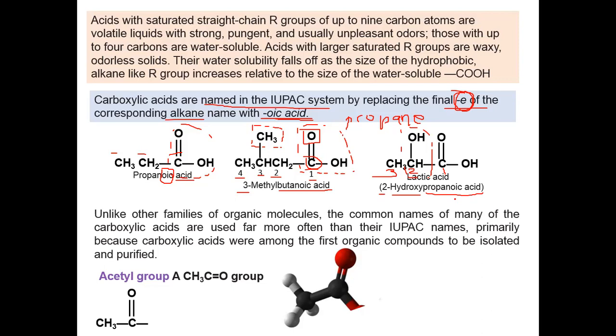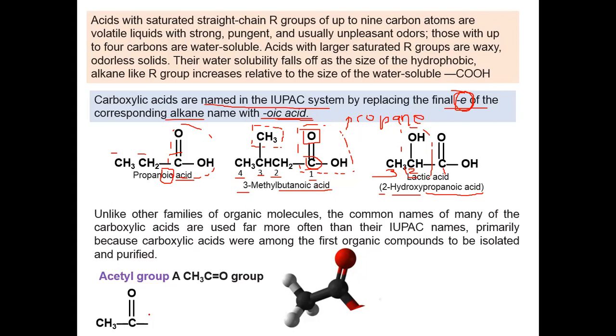For example, formic acid, or acetic acid. Have you heard about acetic acid? I believe we studied it before, when we did buffer solutions, we had acetic acid and acetate. So acetic acid is named historically like that.